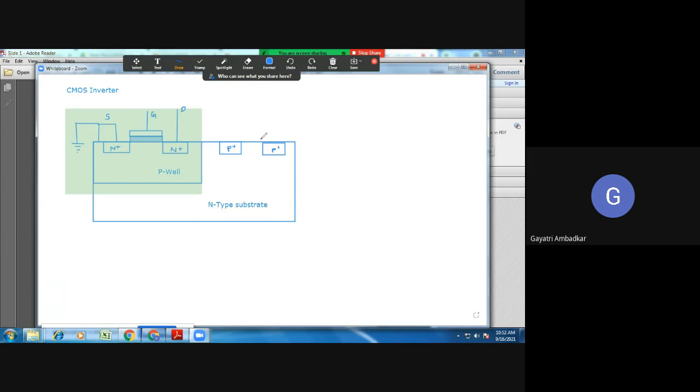Okay. And again there is SiO2 layer and gate. In the similar way, there is SiO2 layer, and above that there is gate. Okay, size is same. Even though it is looking something different, it is same.